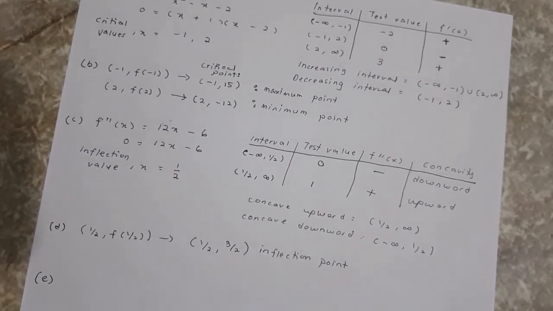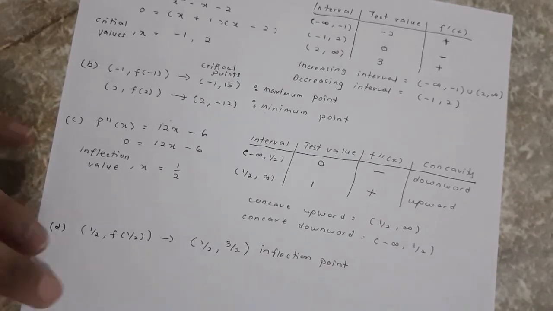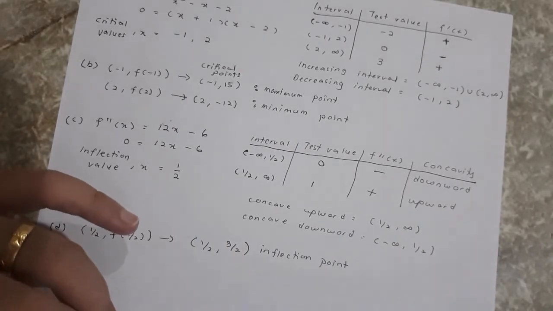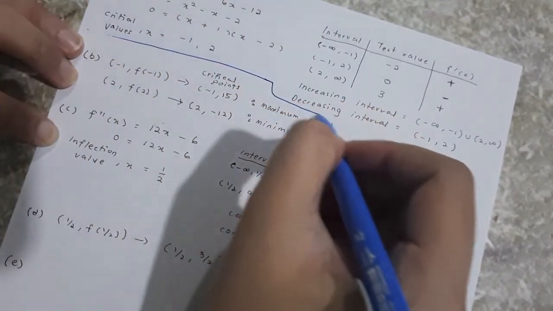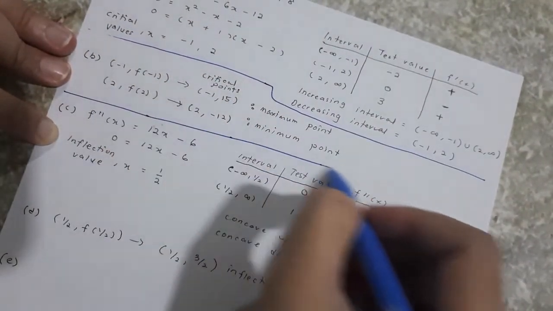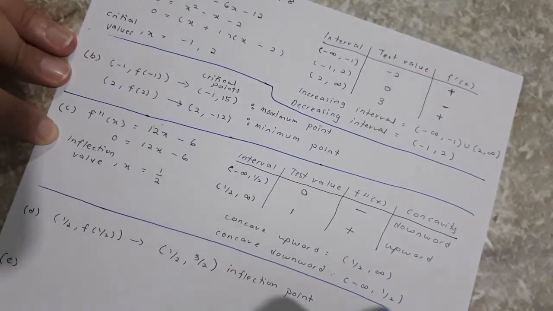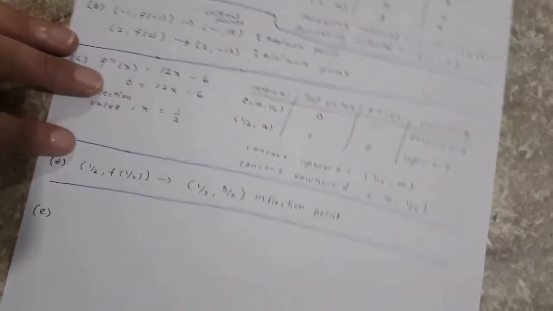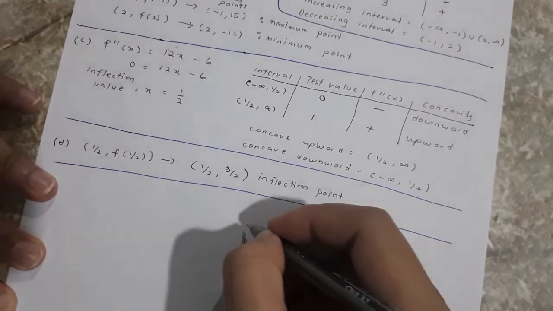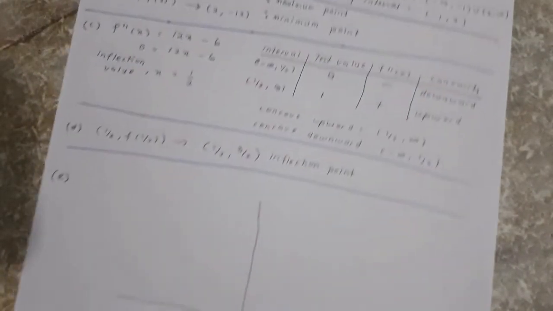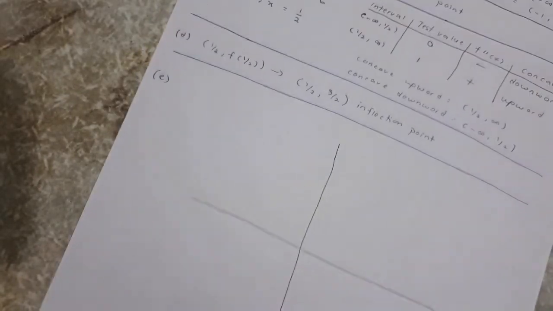And finally, use the above information to sketch the graph of f(x). In order to sketch the graph, let's plot all the important points first.